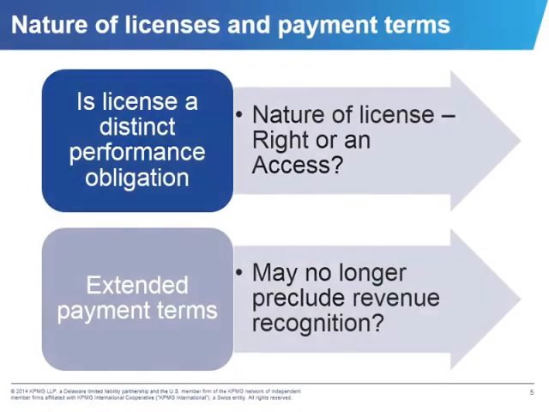Brian, as you mentioned earlier, this new standard has eliminated industry-specific guidance, which was extensive in the area of software revenue recognition. In that sense, practice is going to change. The new standard would first require an entity to assess whether a license qualifies as a distinct performance obligation.